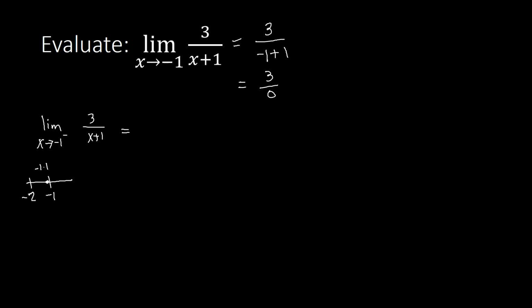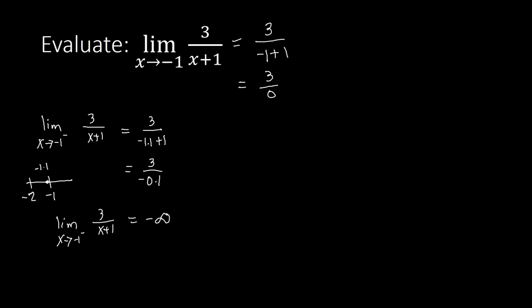Substituting, this will be 3 over negative 1.1 plus 1, which is negative 0.1. So we've got a negative on the denominator. That means the limit of 3 over x plus 1 as x approaches negative 1 from the left side is negative infinity.